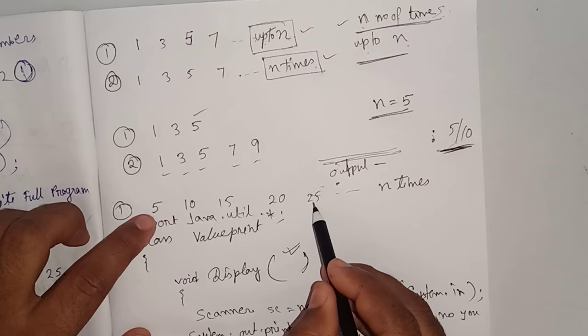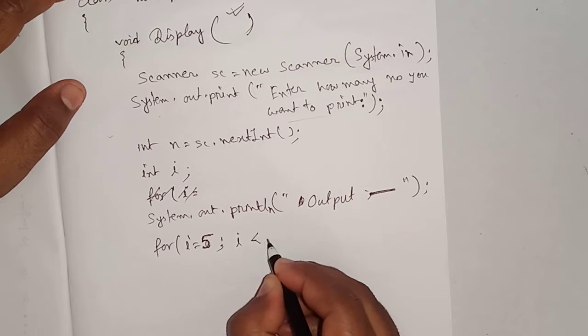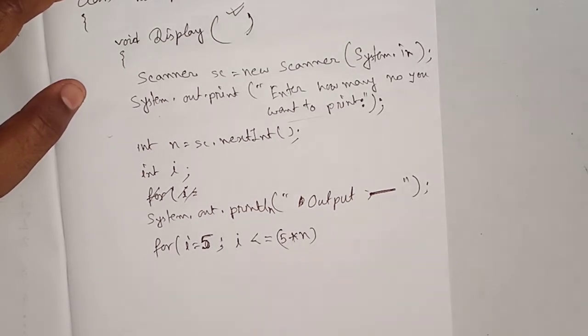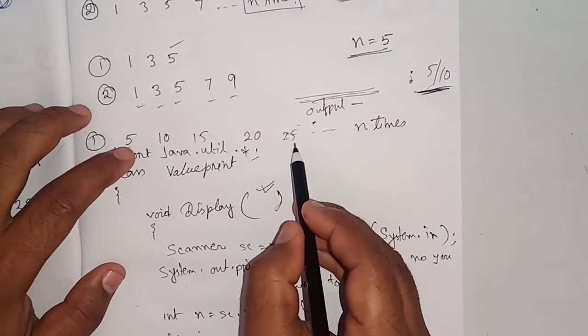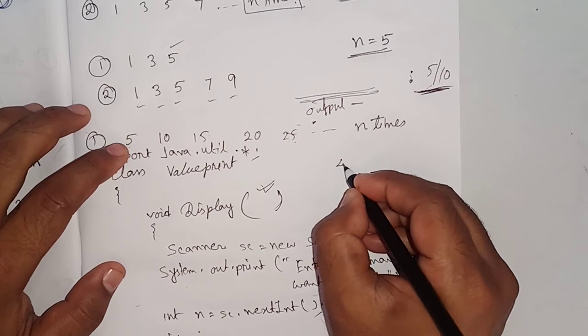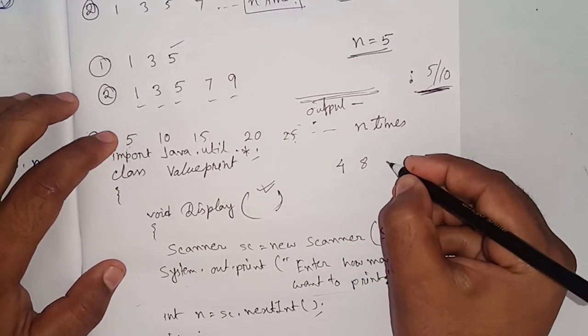So we are doing the calculation 5. So your condition is i less than or equal to 5 into n, because 5 into n means 25. If I do this program this way, 4, then 8, then 12.